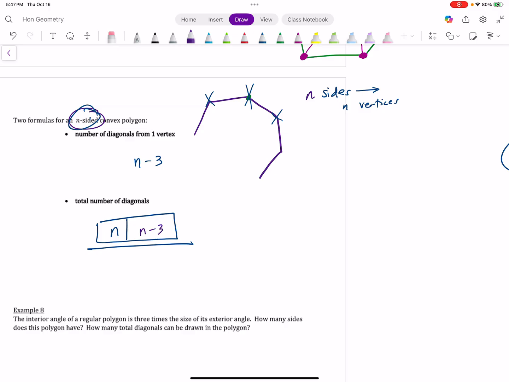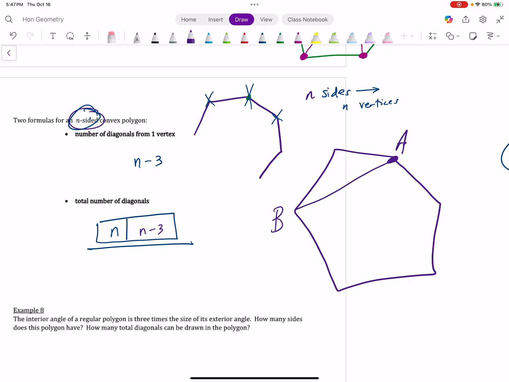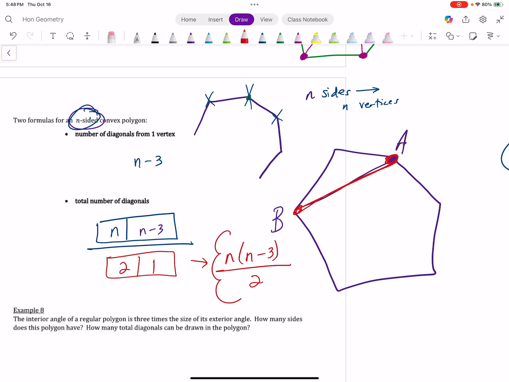But it doesn't matter, like if we draw in some random polygon, it doesn't matter if I go from point A to point B or if I go from point B to point A. It's the same diagonal, so we divide it in half because technically we're doing like I did: we're picking out of those 2 points that I chose, 2 of them could have been picked first. That left 1. So the formula is the number of sides multiplied by 3 less than the number of sides, and then you halve it.